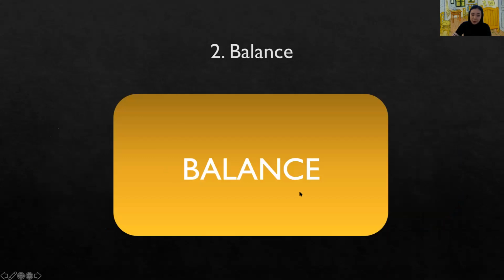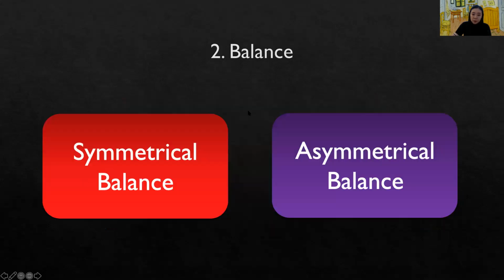And we learned the balance. So balance refers to heaviness or lightness of forms arranged in composition. There are two types of balance, symmetrical balance and asymmetrical balance.